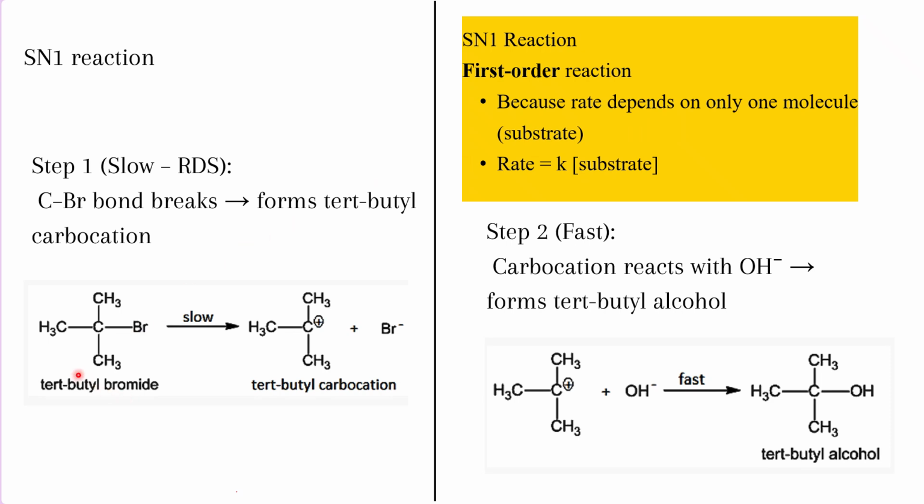As you can see, in the first step there is formation of a carbocation. This means first this Br, which is our leaving group, is going to leave the substrate. As soon as it leaves the substrate, it forms the carbocation. As soon as this carbocation has formed, after this step, this OH minus is going to attack this particular carbocation and results in the formation of the desired product.